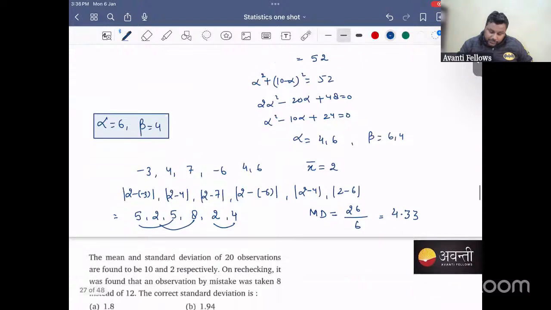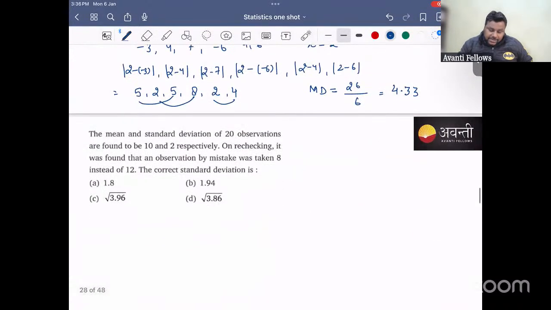Now let's do another question. The mean and standard deviation of 20 observations are found to be 10 and 2 respectively. On rechecking, it was found that an observation was by mistake taken as 8 instead of 12. Then the correct standard deviation is? Give it a try.